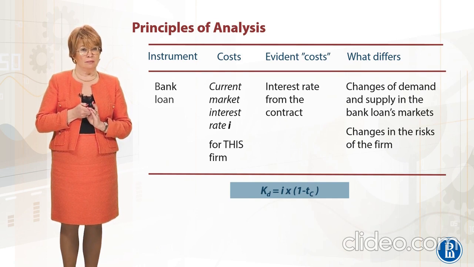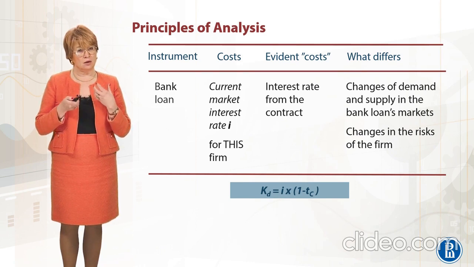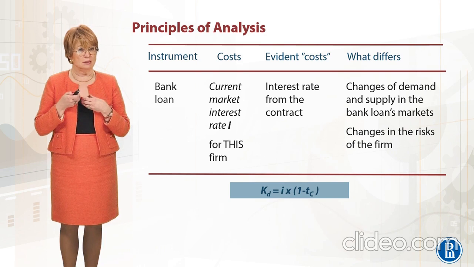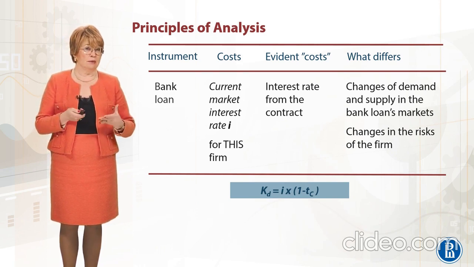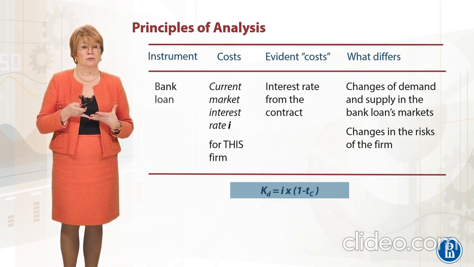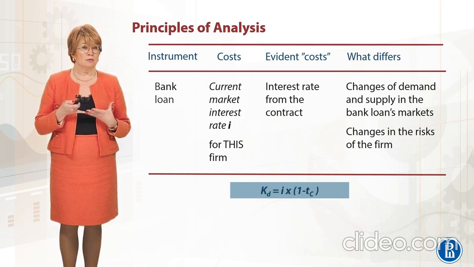The first very important point is that there are some, let's say, evident costs, because each bank loan agreement has some fixed information about the interest rate due to the terms of the contract. But the analyst should not just follow this particular data.